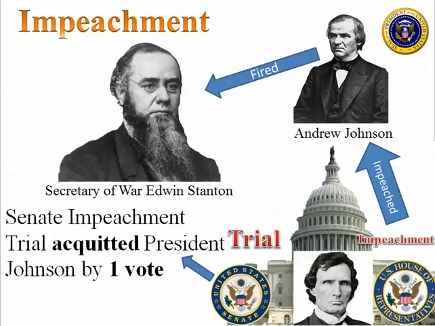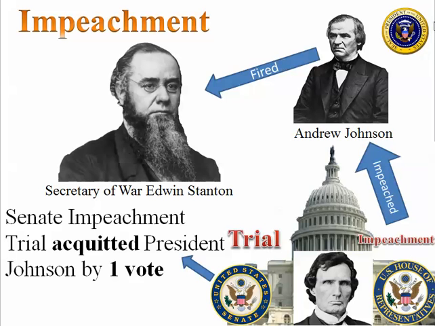But instead of doing that, Andrew Johnson went ahead anyway and wanted to challenge this Tenure of Office Act and fired Edwin Stanton. When he did, the House of Representatives, following the process set up in the U.S. Constitution, with Thaddeus Stevens here from Pennsylvania, impeached the President of the United States.